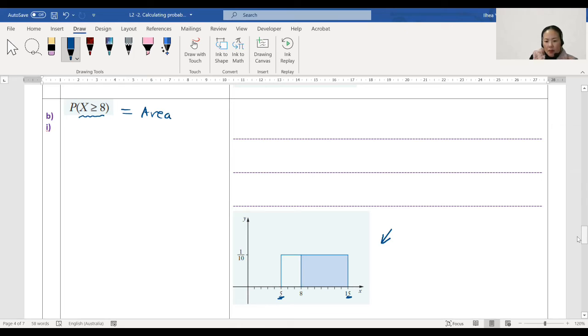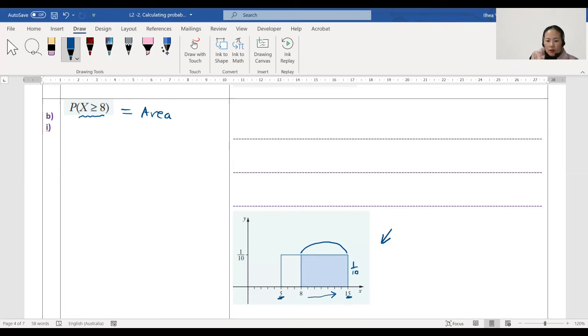So anything from 8 up to 15 is involved. We have the height, 1 over 10. So how are we going to do that? Easy, 15 take away 8.